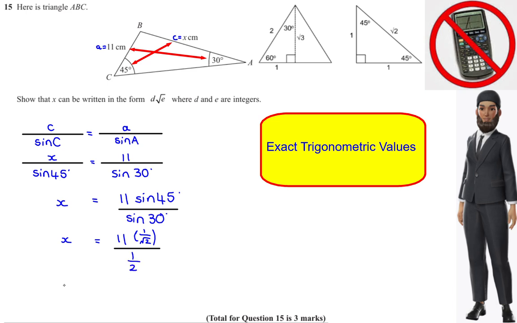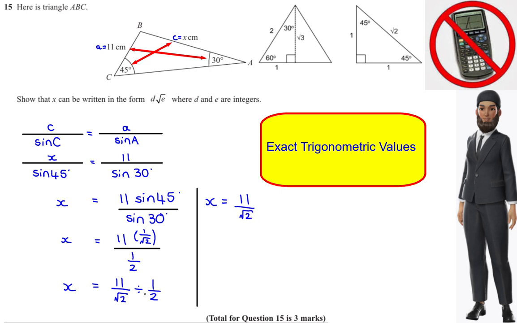So therefore, x is equal to, let's tally up the numerator. 11 times 1 is 11. So that becomes 11 over root 2 divided by a half. Let's create a little margin over here. And so therefore x is equal to 11 over root 2.